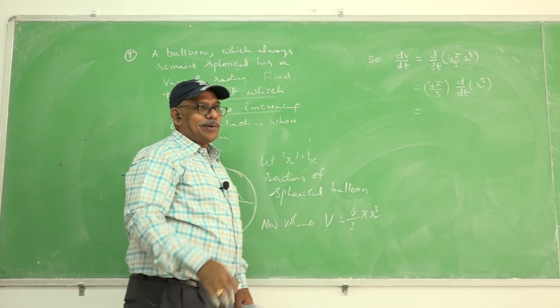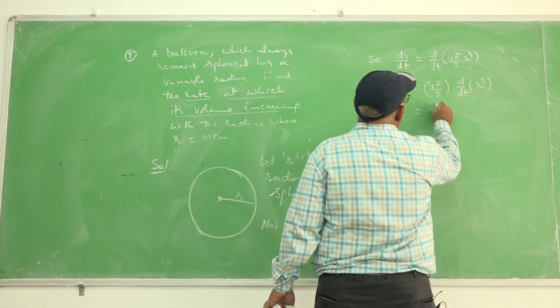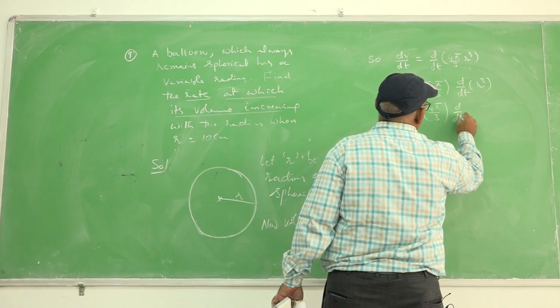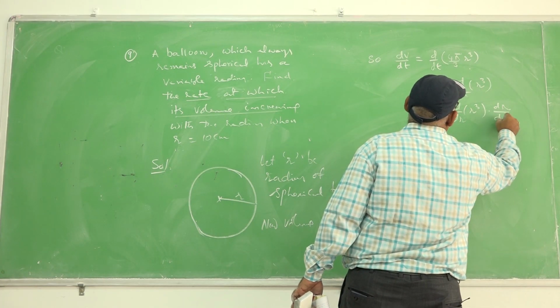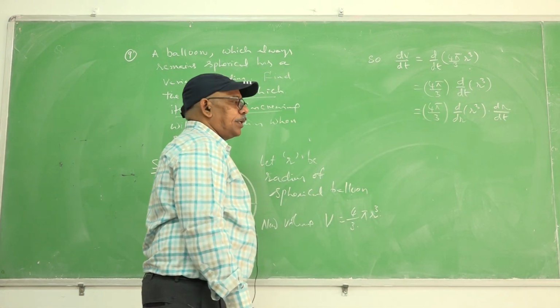But r is a variable, it varies according to the time. So, differentiate r cube with respect to r initially and take the derivative of r with respect to t by the function of a function rule.